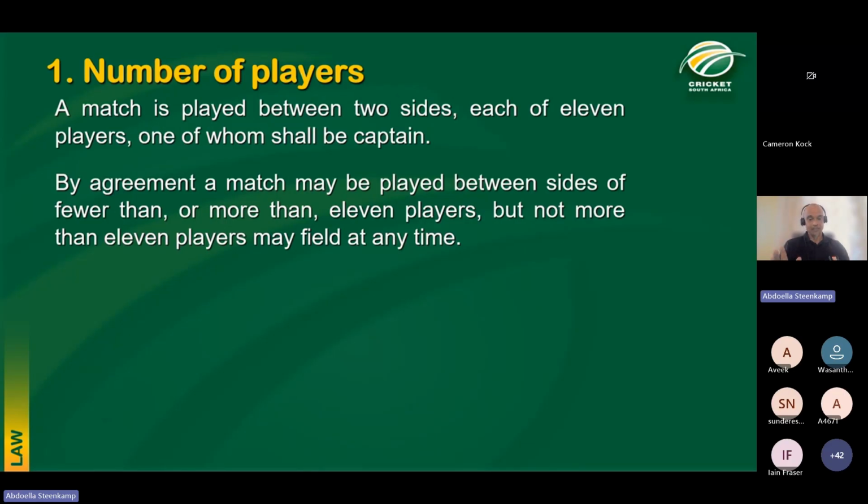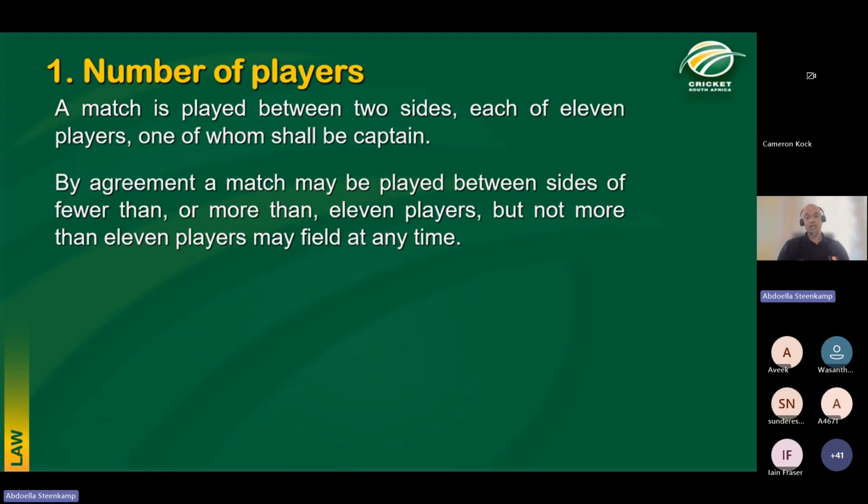But there is a condition. If by agreement you do decide to play more than 11 players, which we often find in warm-up games where sides want to give everyone opportunity, let's say the squad is 15 or 16 players, so both teams agree that we can play 15 or 16.